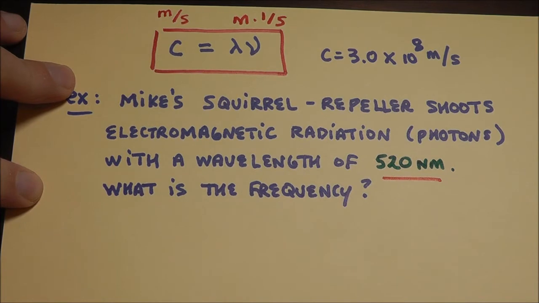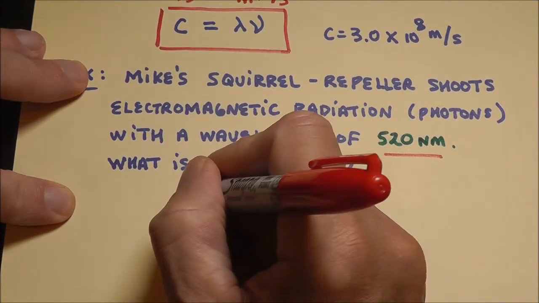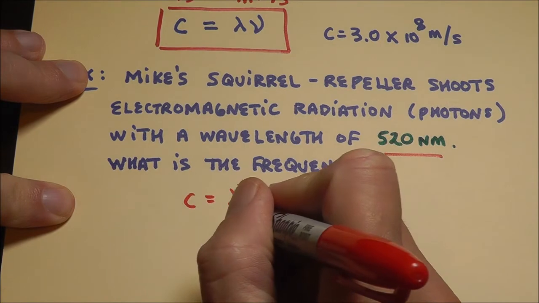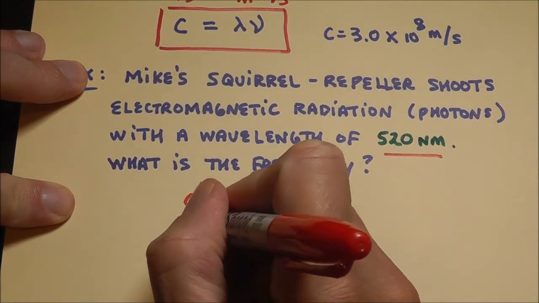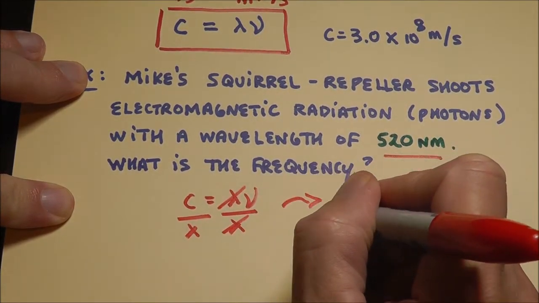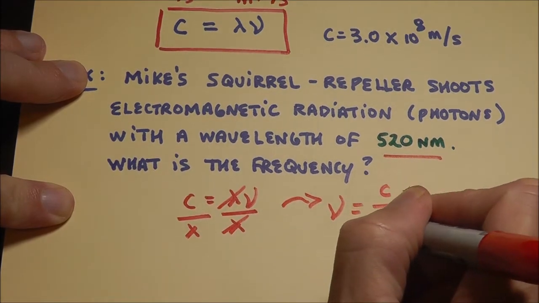So it has a wavelength of 520 nanometers. What is the frequency? So I'm going to write down the magic equation, our main weapon, c equals wavelength times frequency. To solve for frequency, I'm just going to divide both sides by wavelength, so that on the right side we cancel it. Frequency equals c over wavelength.